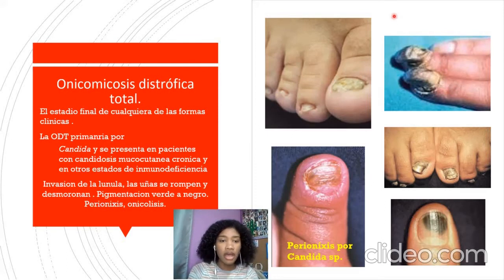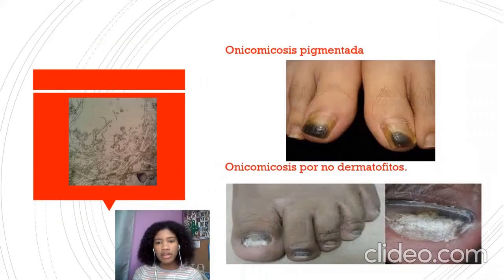We also have a peritonitis by Candida, we can see in this picture here. Fungal melanonychia is a type of onychomycosis that is caused by fungi. We can see this type of onychomycosis as a brown to black pigmentation of the nail.